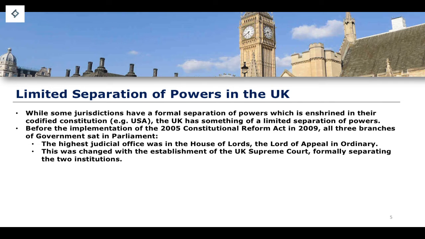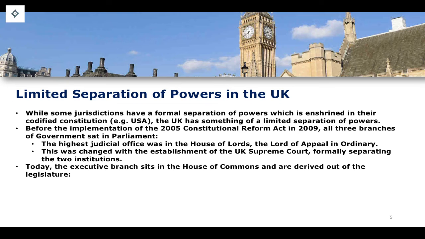The Supreme Court obviously changes this, formally separating those two institutions. They go across the square, and they now sit in the old Middlesex Hall opposite Parliament. The aim here is, of course, to show representatively a clear separation of powers, some clear blue water between Parliament, the legislature, and the Supreme Court, the judiciary.